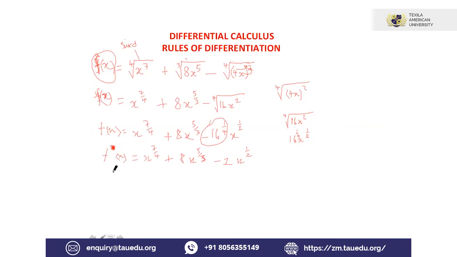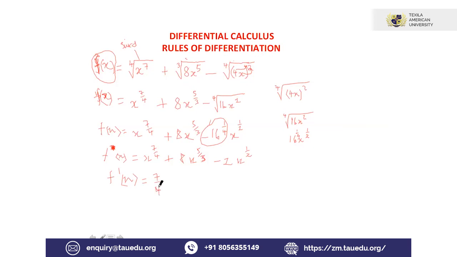So what do we do? Let's go on now. The derivative will be power times base to the power minus 1. Now we can bring in the derivative symbol. So the power now is 7 over 4 times 1, which will give us 7 over 4.